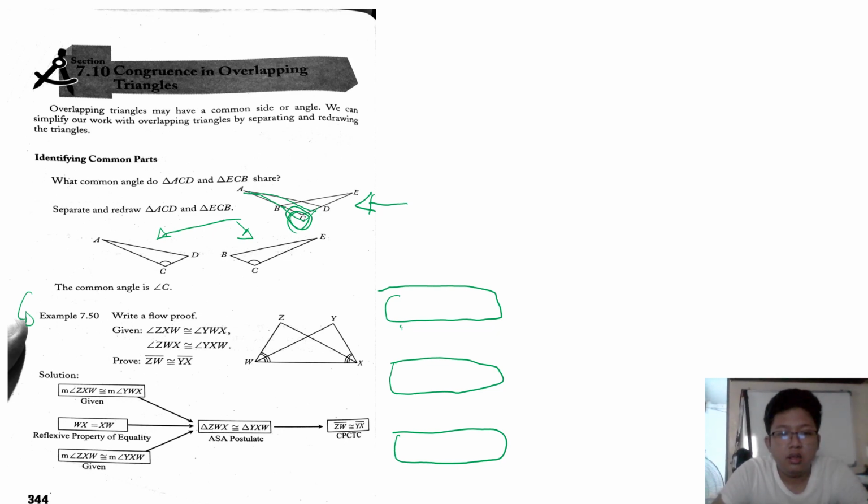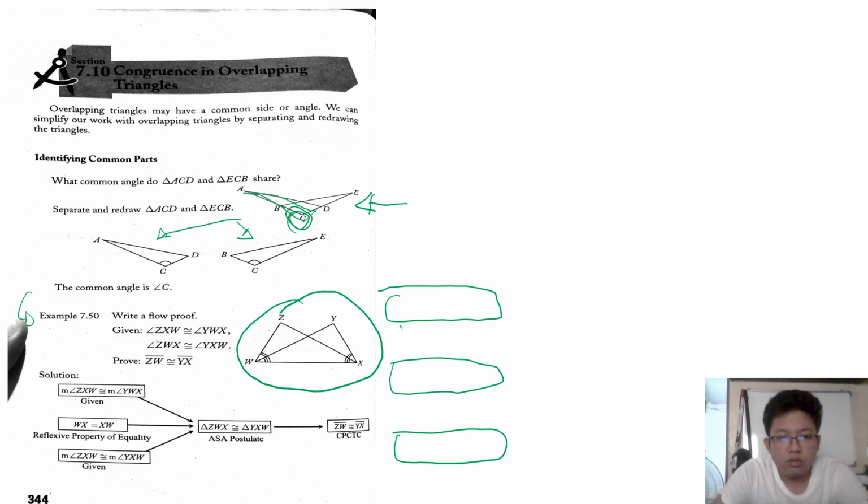It says, write a flow proof given angle ZXW is congruent to angle YWX and angle ZWX is congruent to angle YXW. So, pinigay natin dito.